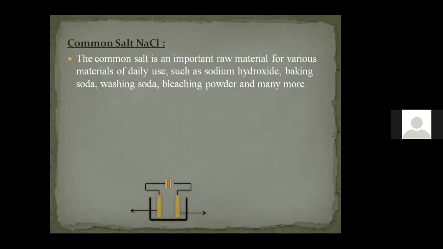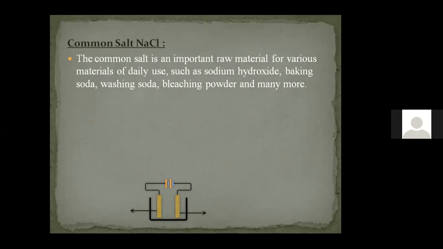Common salt is a very important raw material for various daily use compounds, such as sodium hydroxide, baking soda, washing soda, and bleaching powder. These are all compounds which are prepared from common salt.